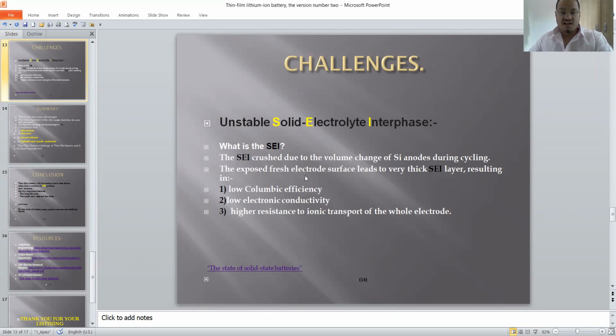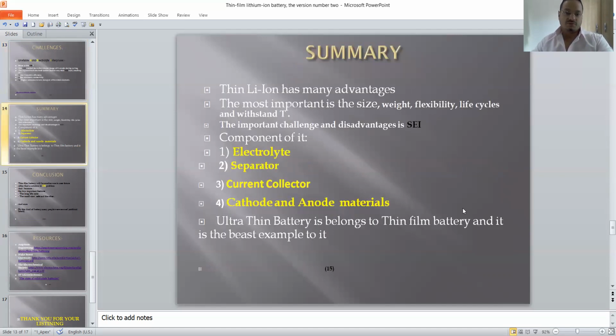The exposed fresh electrode surface leads to a very thick SEI layer, something like a wall on the separator, like I said before, resulting in disadvantages. Because of that, we will face 3 horrible things. Number one, low Coulombic efficiency, low electronic conductivity, and the last and terrible thing is higher resistance to ionic transport of the whole electrode.